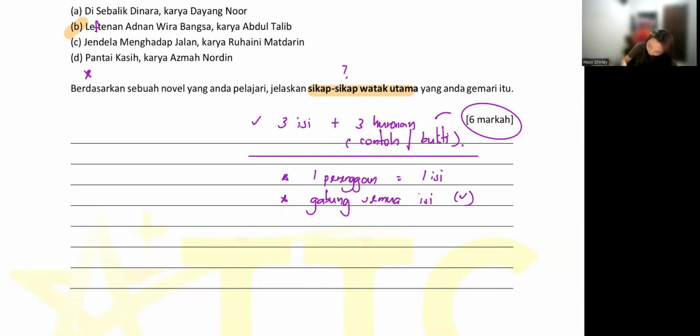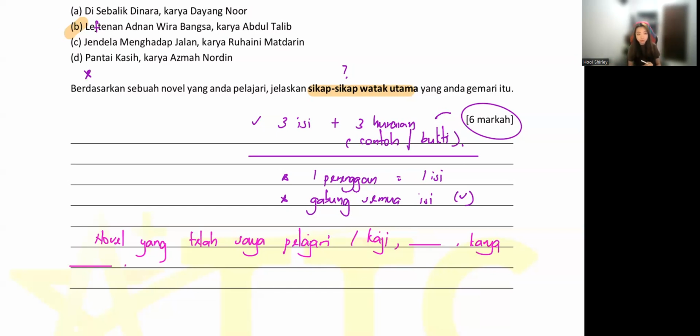Then you may write this way, novel yang telah saya pelajari, or kaji, also can. Then write out the name, nama buku, the author name. Yeah, then you can full stop. Okay, then you can full stop, continue. Sikap-sikap watak utama yang saya gemari dalam novel tersebut termasuk. If you wanted to stop.